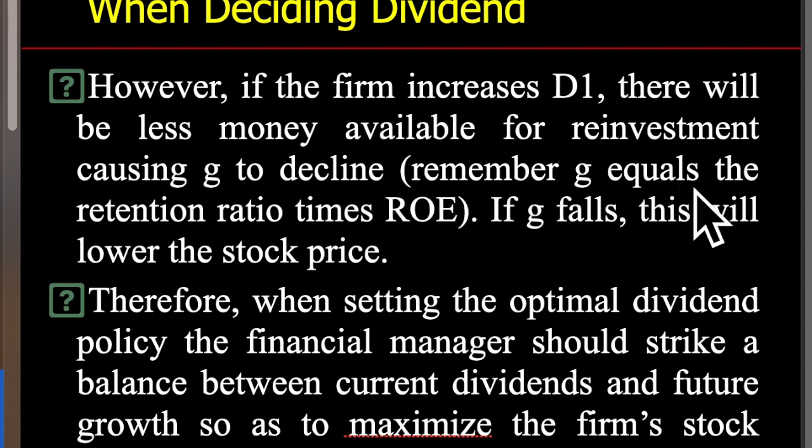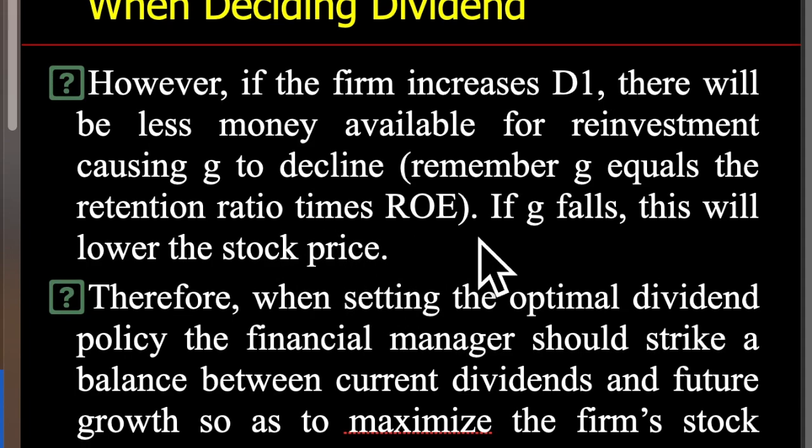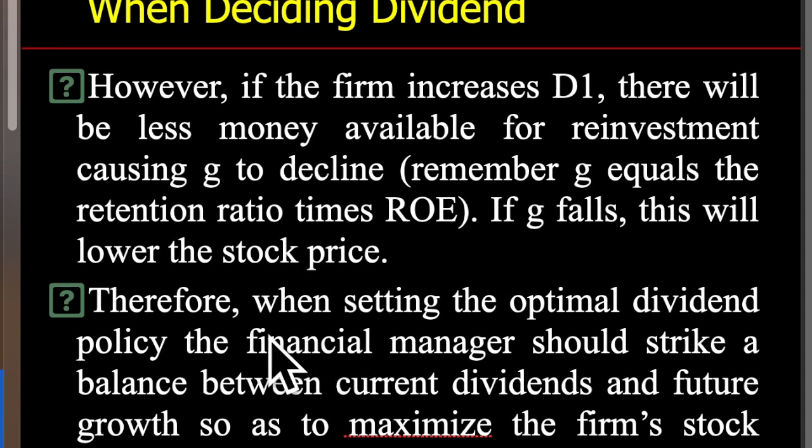Remember, g, which is the growth, equals the retention ratio times return on investment. If the growth rate falls, this will lower the stock price. So if the dividend doesn't grow, then it will have an effect on the price of the shares, which is also another disadvantage of declaring dividend.